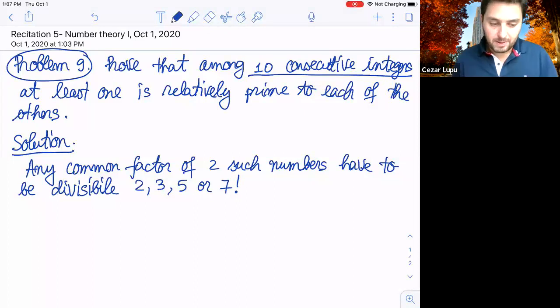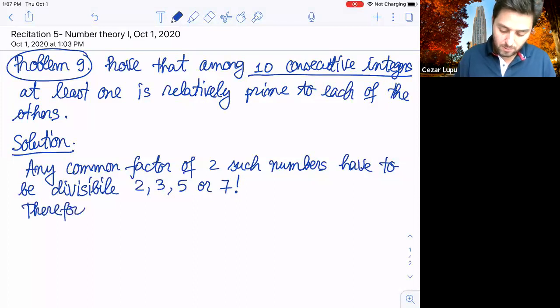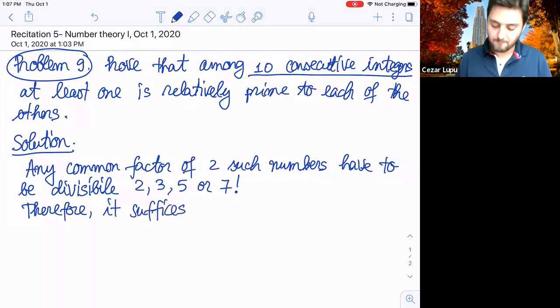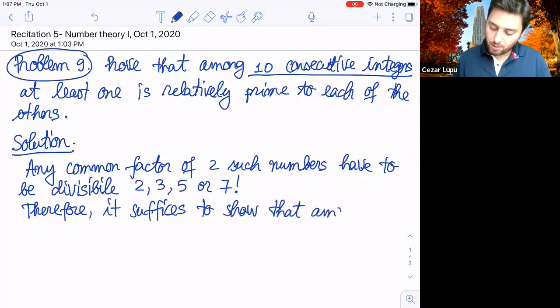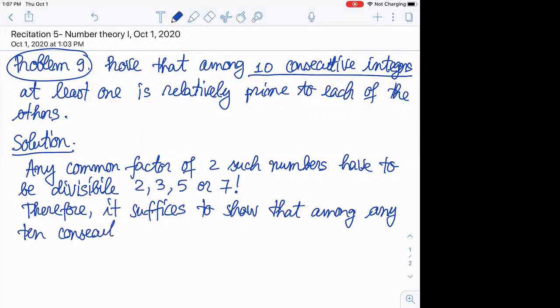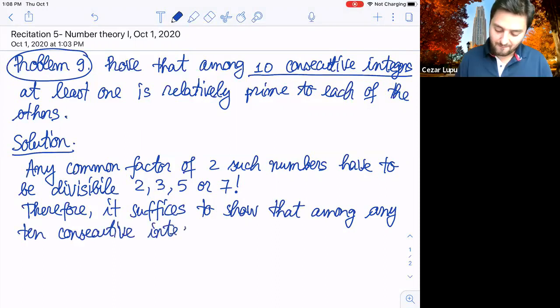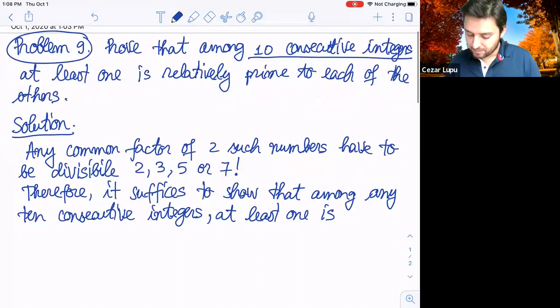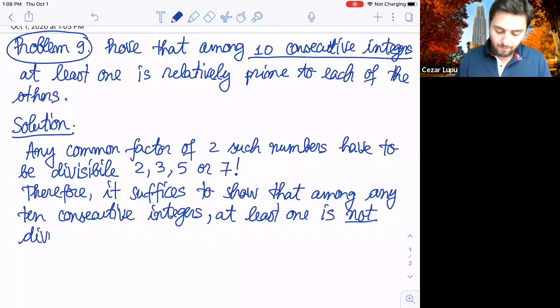Okay, well, therefore it suffices to show that among any 10 consecutive integers, at least one is not divisible by 2, 3, 5, or 7.